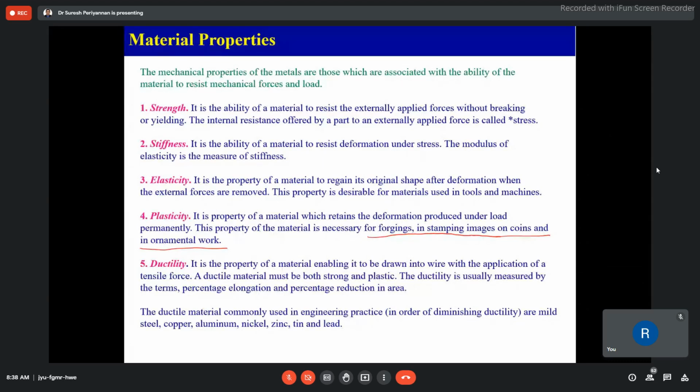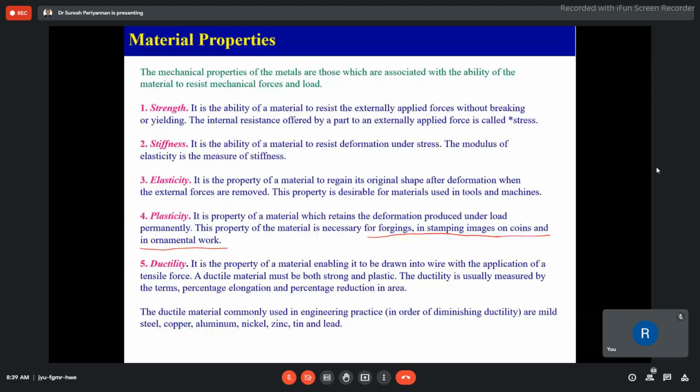Then we have to do plastic deformation. The plastic behavior we always consider during the manufacturing process, not during operation.